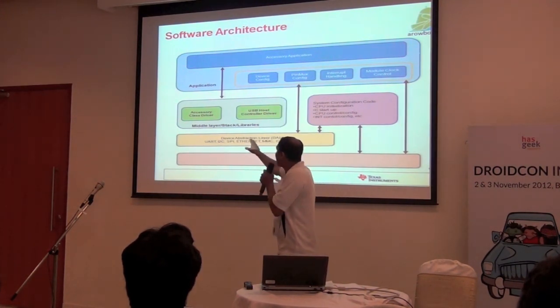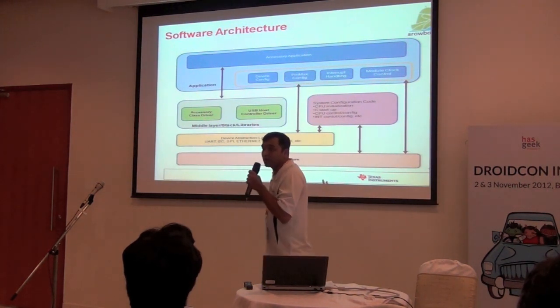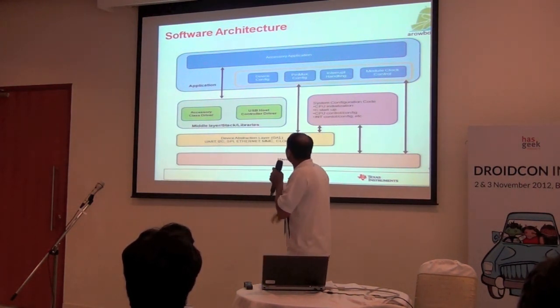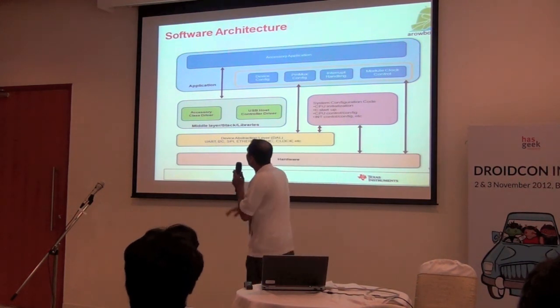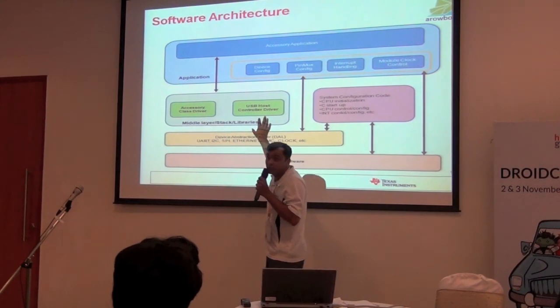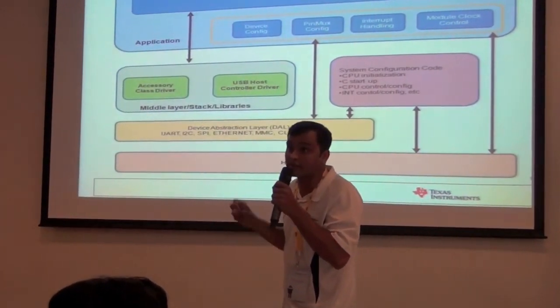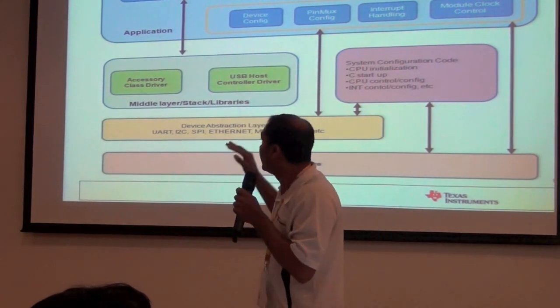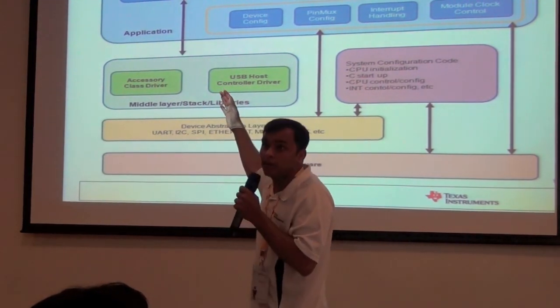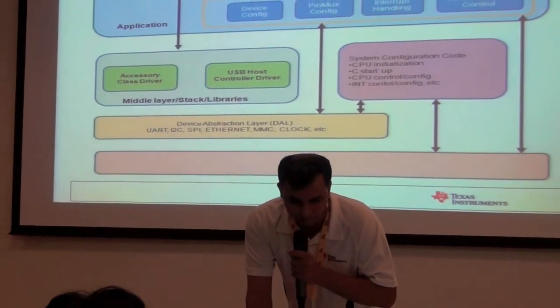And it has middle layer libraries which have the USB stack and the graphics stack and other libraries. So what we have done is we have developed an accessory class driver on top of this USB host library. This accessory class driver will take care of the USB accessory communication protocol, and it will provide some APIs to write your own accessory. I'll go through those APIs.